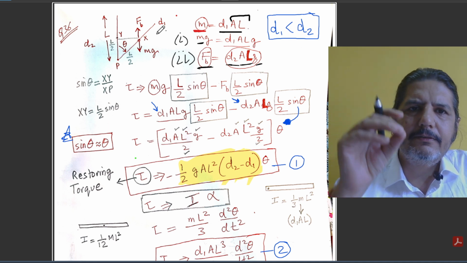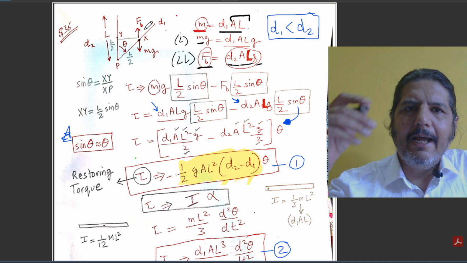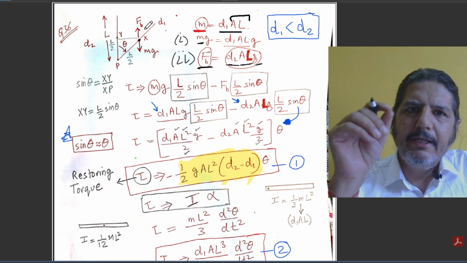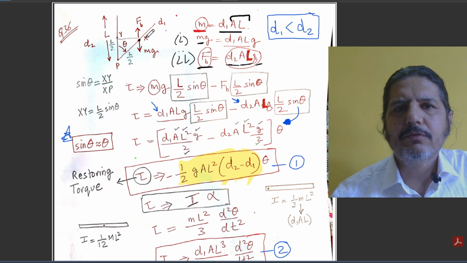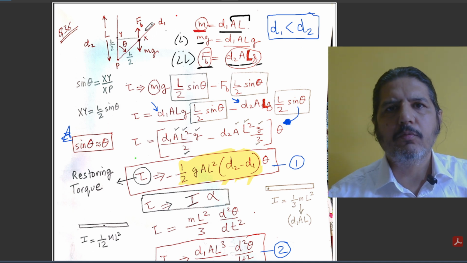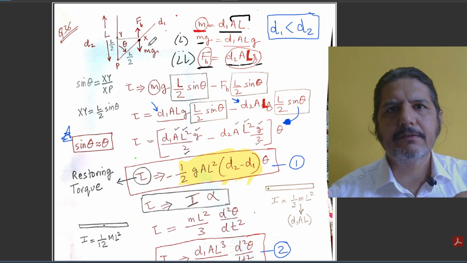Let's try to understand that. The buoyant force and the weight of the rod would be acting at the center of mass of the rod. If this is the point X, which is the middle of the rod, then the buoyant force is in the upward direction and the weight is in the downward direction.